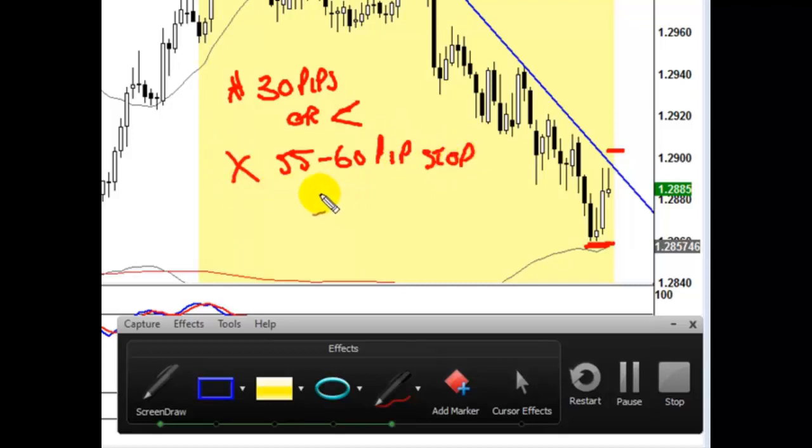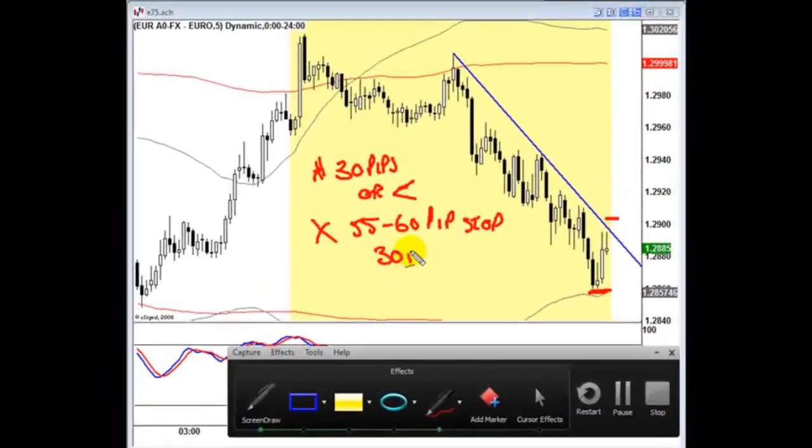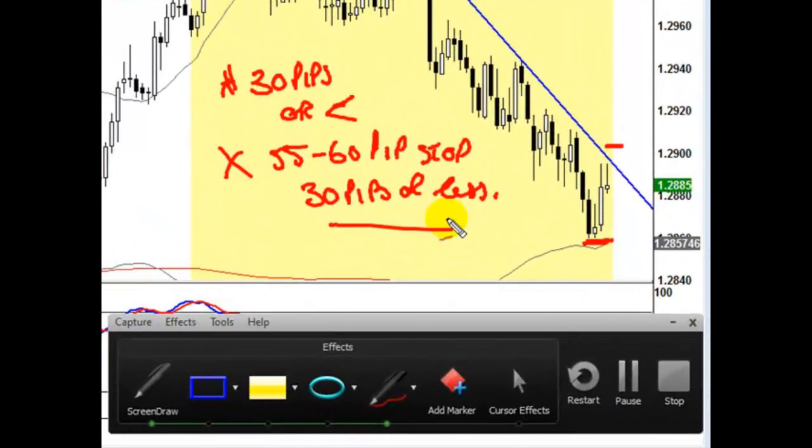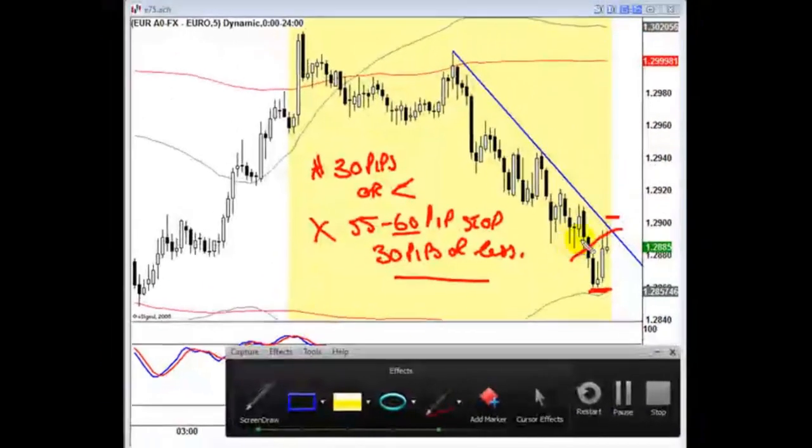I want to be able to set my stop loss at 30 pips or less, ideally, and in this particular case my stop loss is going to have to be probably 60 pips, so that invalidates the trade.